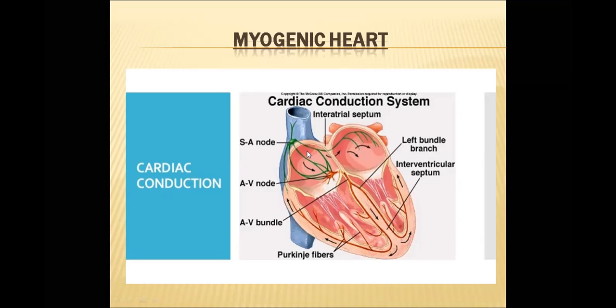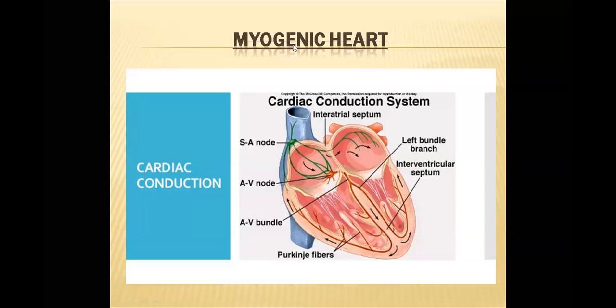This type of heart is called a myogenic heart. The SA node is made up of special muscle cells, and the heartbeat is started by the SA node only. That's why it is called the pacemaker.